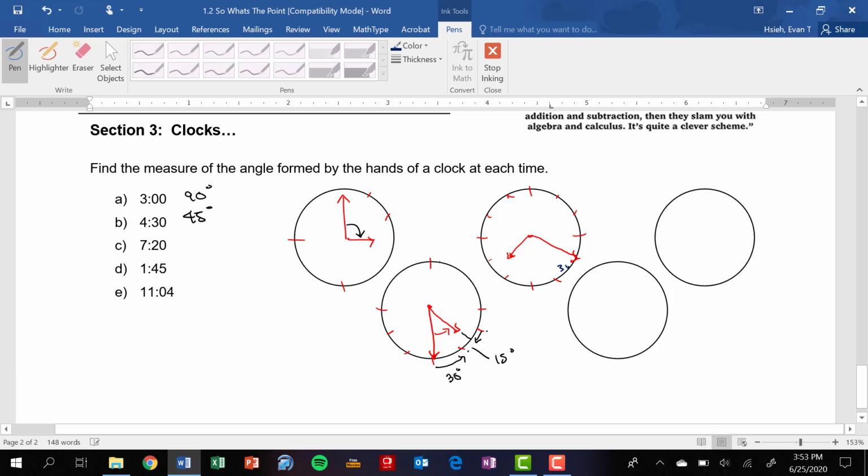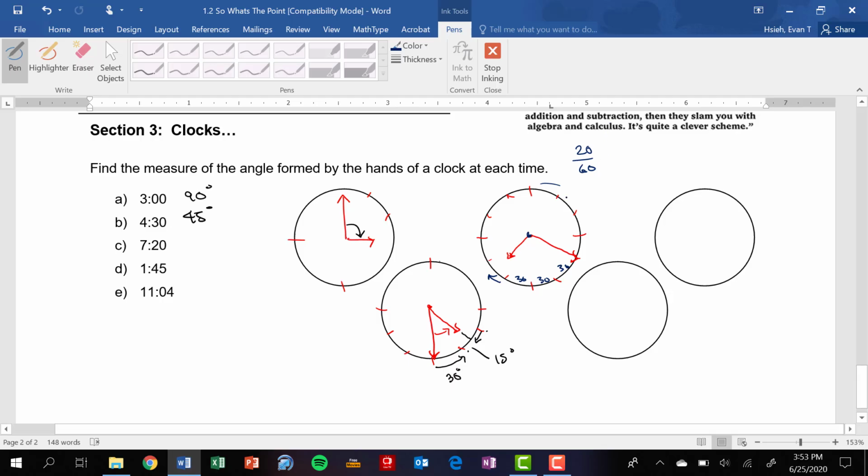I know that this is going to be 30 here, this will be 30 here, this will be 30 here. And I know that this little hand is moving in this direction. And the question is, how much in that direction did it move? Well, it's kind of dependent on how much the big hand moved around the circle, right? Because the big hand moved 20/60ths of the way around the circle, or 1/3 of the way around the circle.